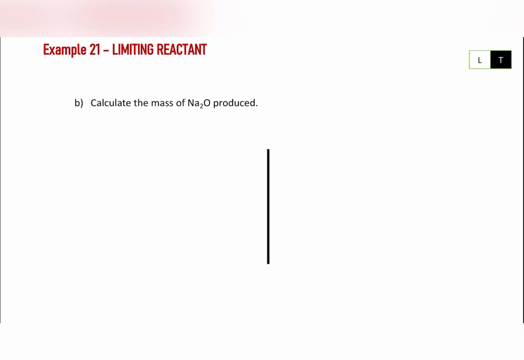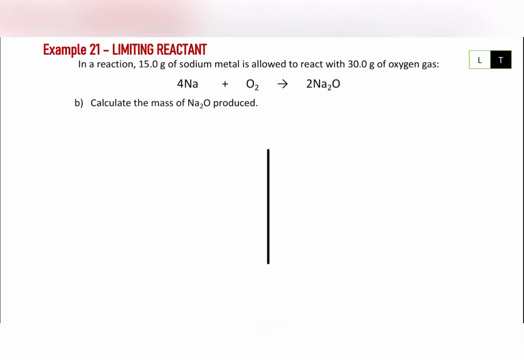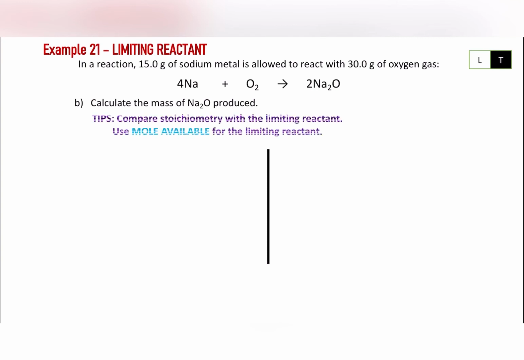Now let's go to question B. I want you to calculate the mass of Na2O produced. So this is your product, which is at the right side. As usual, my tips here, you have to do the stoichiometry by comparing with limiting reactant. And please use the mole available for the limiting reactant.